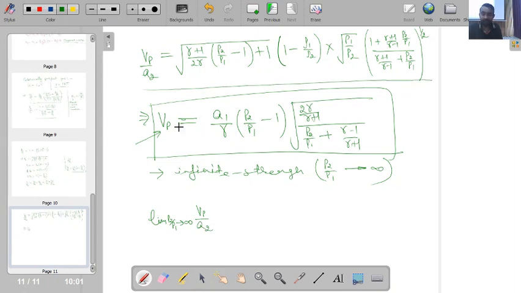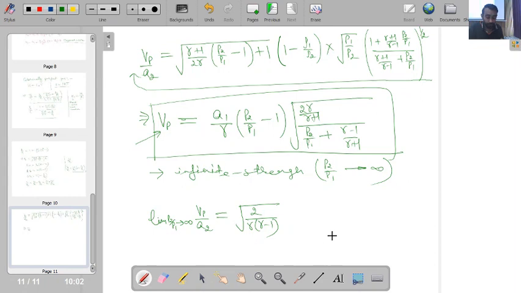I have given you the formulation here. If I calculate this Vp by A2, particularly for the limiting case of P2 by P1 approaching infinity, we get the value equal to square root of 2 upon gamma into gamma minus 1.